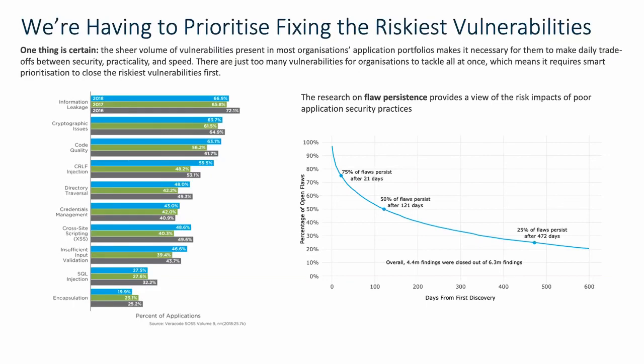And we track a metric called flaw persistence, which says the time it takes to identify a vulnerability once in production, and the period it takes for us to resolve that vulnerability once in production. And the statistics show that it takes a long time to actually fix those vulnerabilities. Sometimes it takes years.